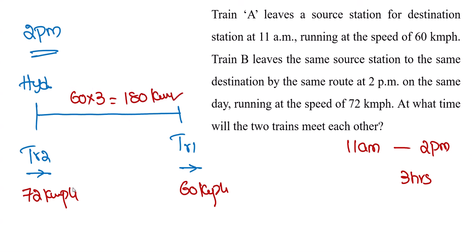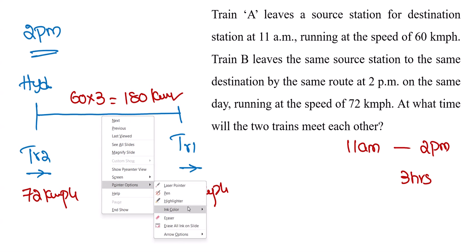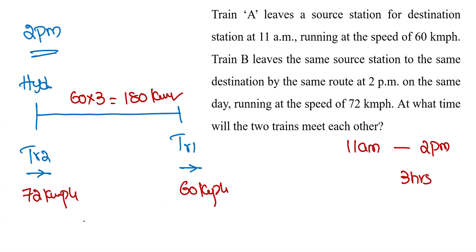Now, as it is the same direction, speeds are subtracted, and time is distance over speed, with a 180 gap. Train two covers 12 kilometers extra in 1 hour, since this is 60 and this is 72.